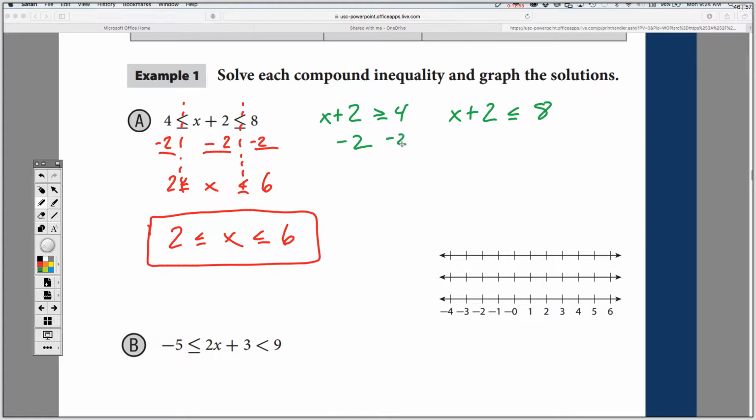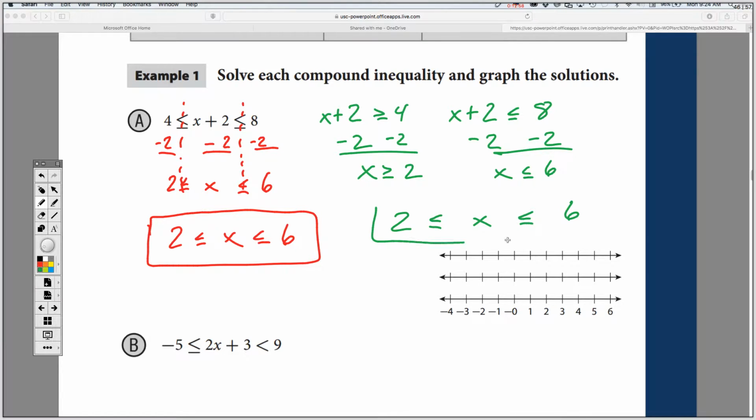So you could solve each equation and get the same answer, but it'd be broken up, and then you've got to put it back together. Much harder. But you would get the same thing. Put the x. 2 is smaller than 6. Pointing towards the 2. Pointing towards the x. And we would get the same answer. But you've got to break it up, put it back together.